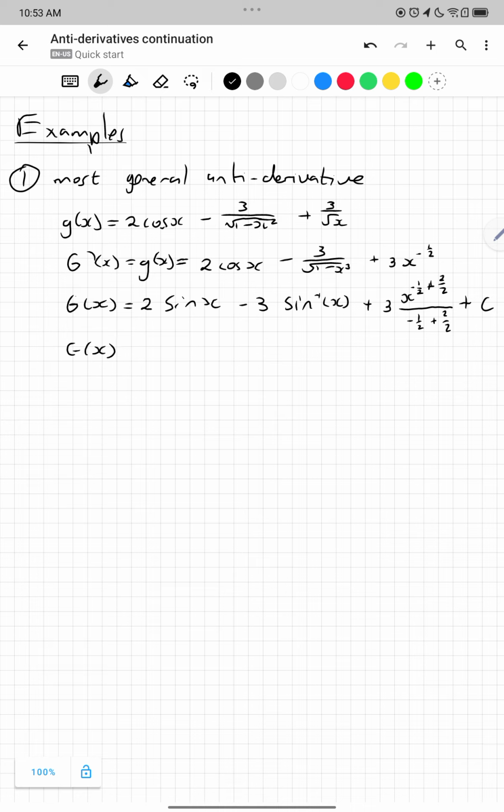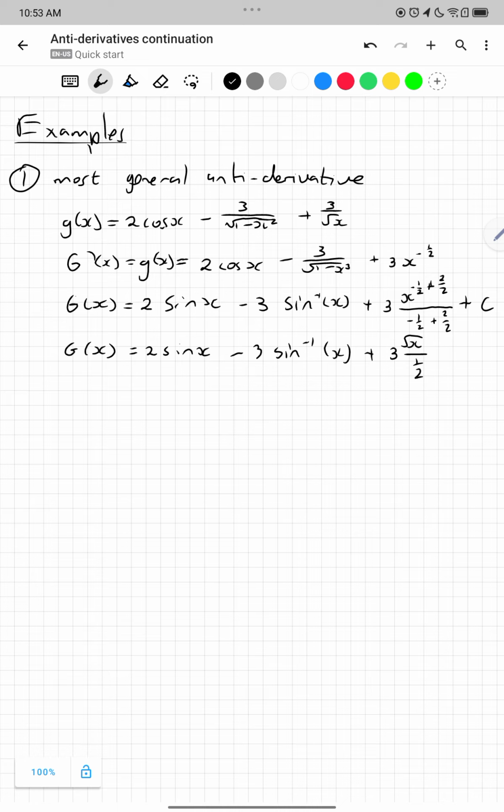So g of x is thus equals to 2 sine x, right, minus 3 arcsine of x plus 3 x root x all over 1 over 2.